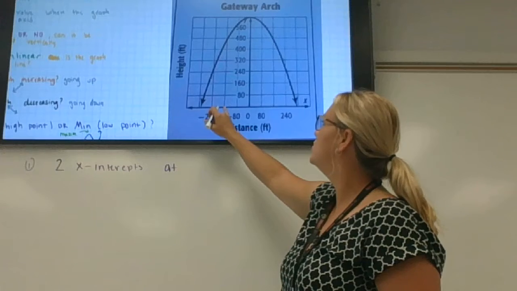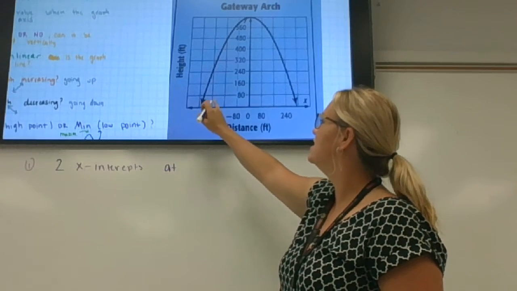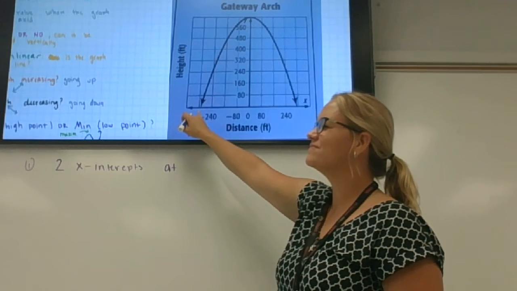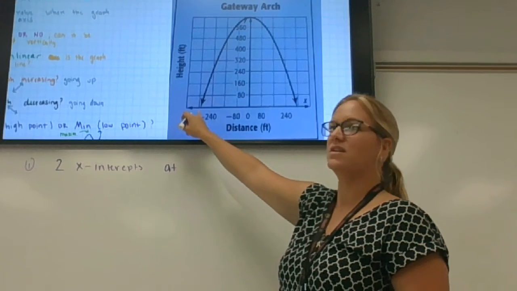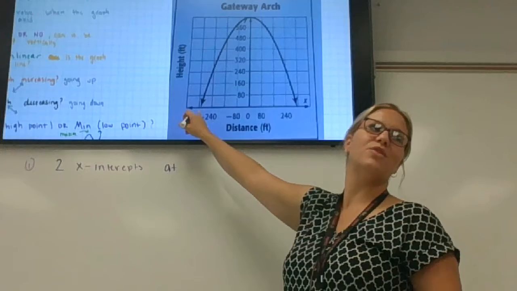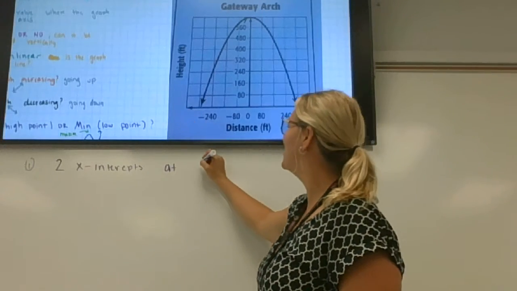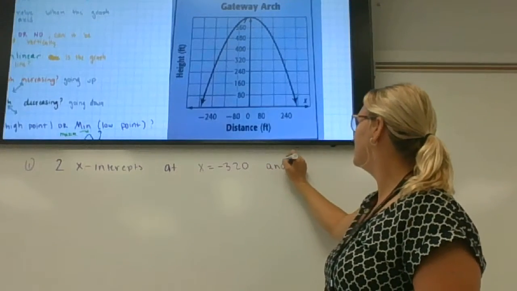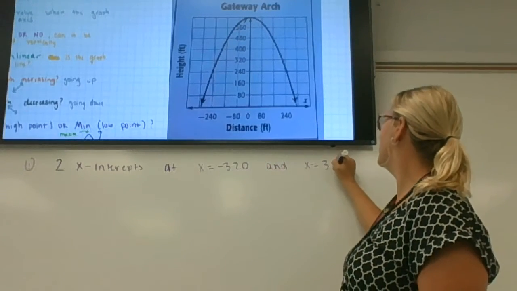80, 160, 240. 240 plus 80 is 320. Negative 320 and positive 320.